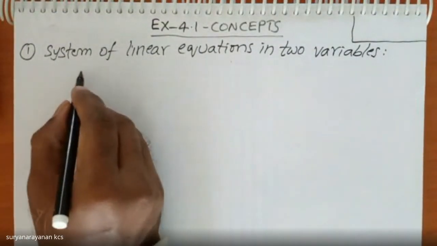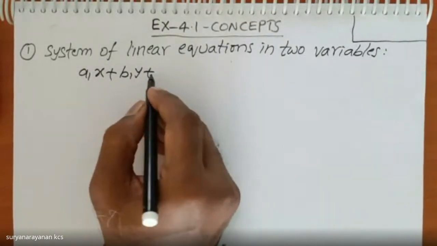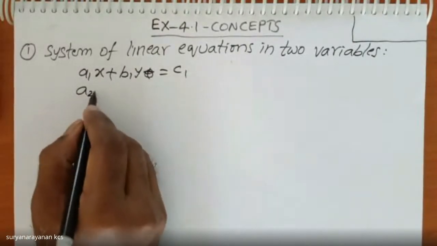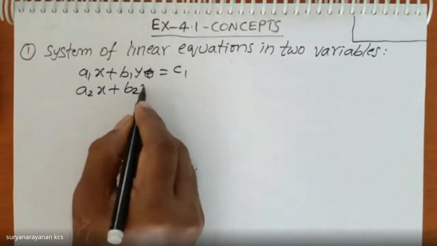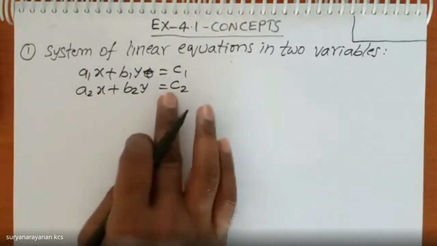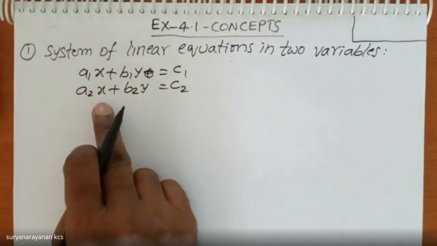Suppose a1x plus b1y is equal to c1, a2x plus b2y is equal to c2. Let us consider these are the system of linear equations in two variables.